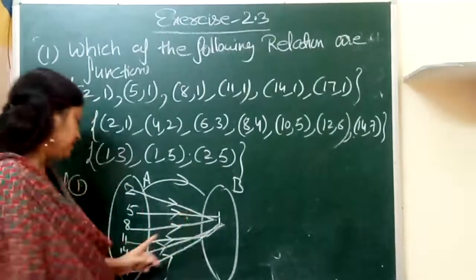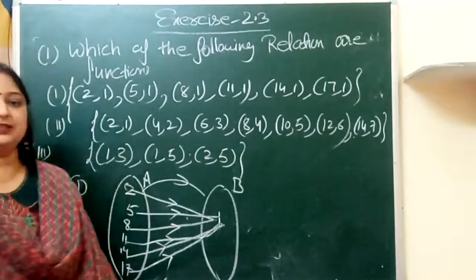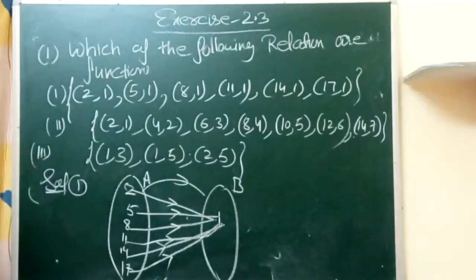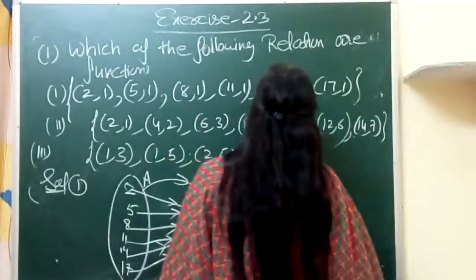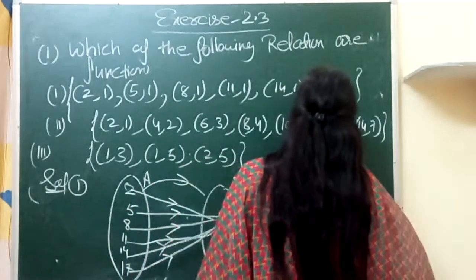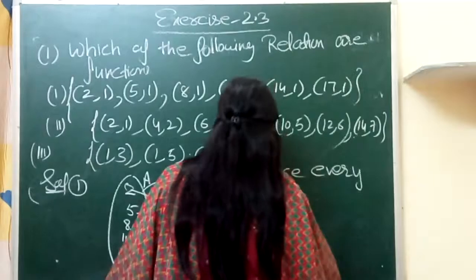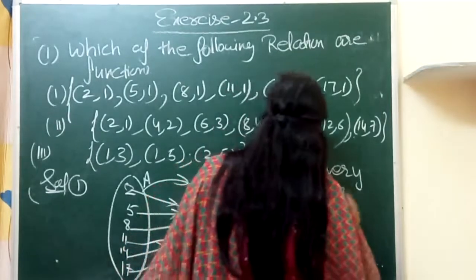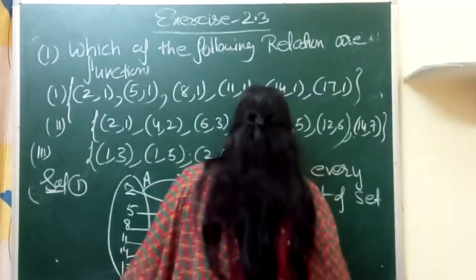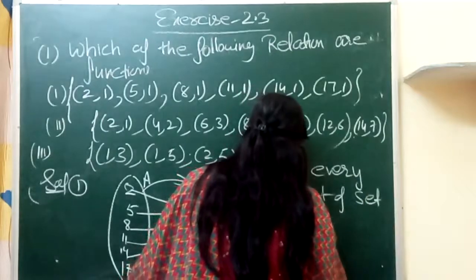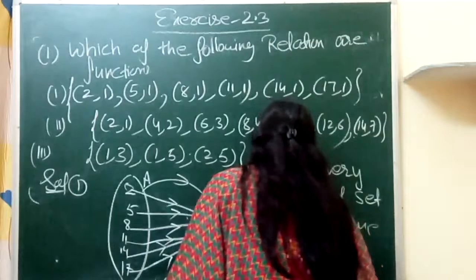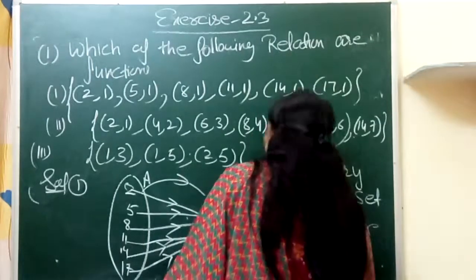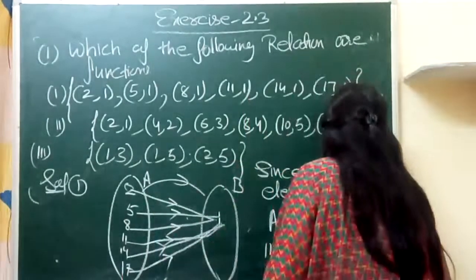Since every element of set A has a unique image, therefore the given relation is a function.